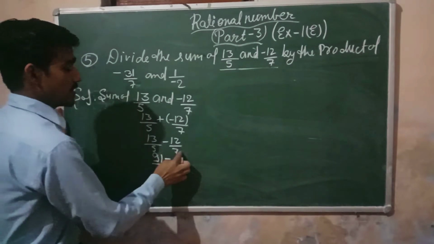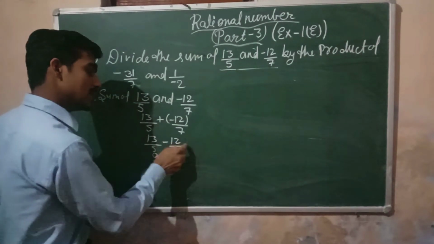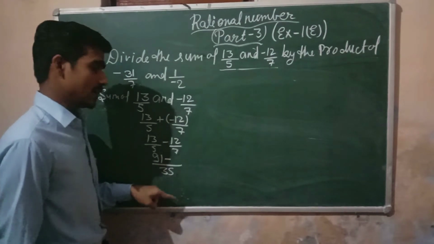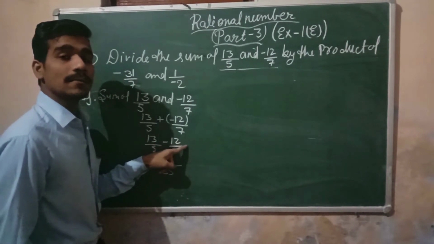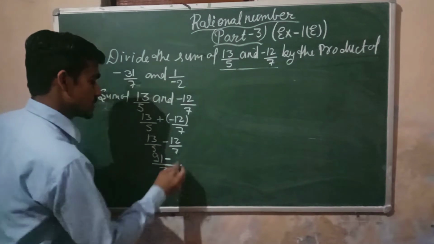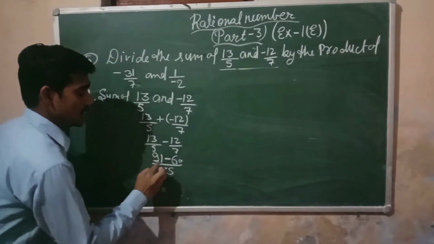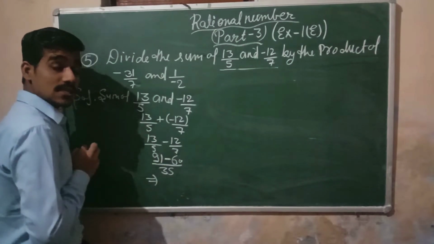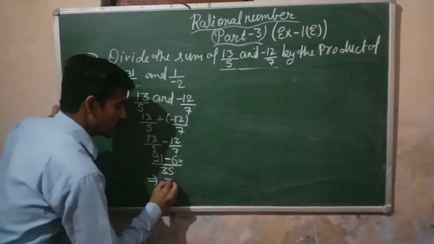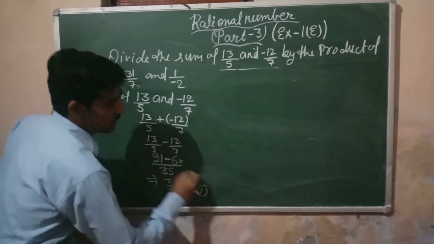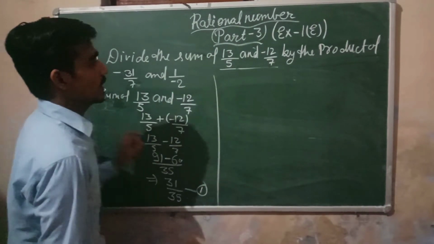Minus, and 35 divided by 7 we get 5, and 5 multiplied by 12 we get 60. Clear? And 60 subtracted from 91 we get 31 upon 35. This is equation first.